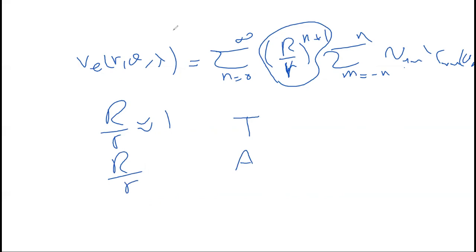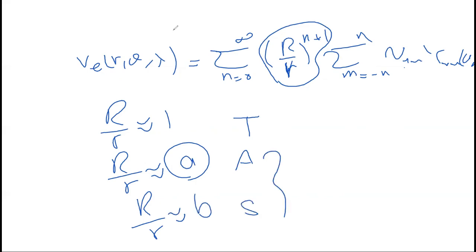At airborne it is some value, let me call it A. And for the satellite data, I call it B, and compared with the airborne data, the satellite one is always smaller. It means that when it is smaller, it will kill high frequencies faster.